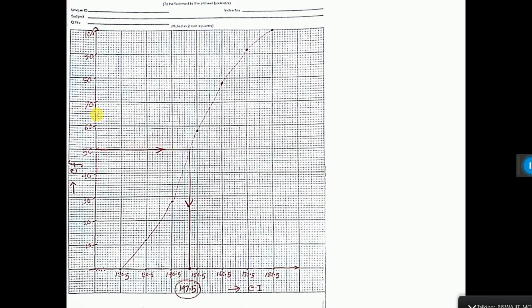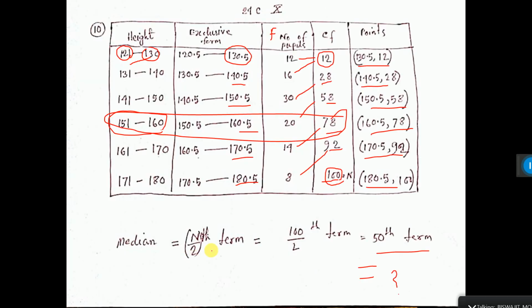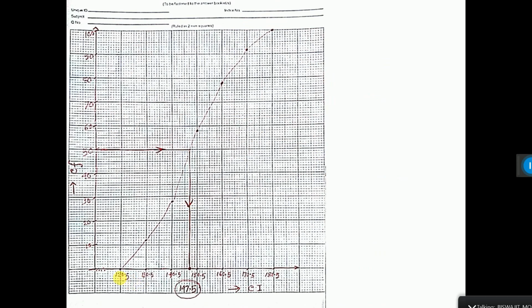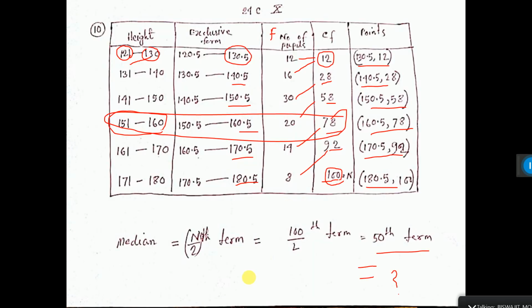See the graph. I have to put the points I calculated: 130.5 comma 12. Here is the 12. This is 10, and here it is 12. So this is the point, and you have to join it to the previous one. The first point is 120.5.